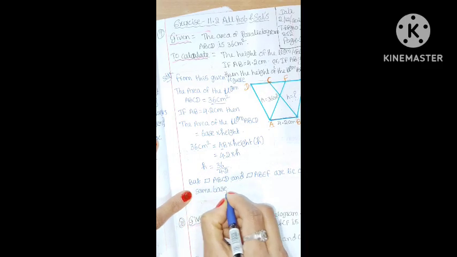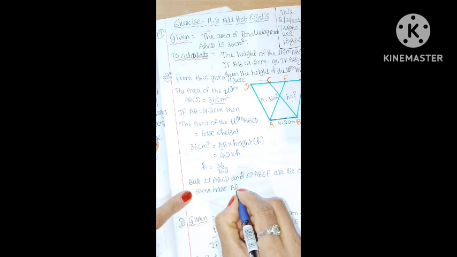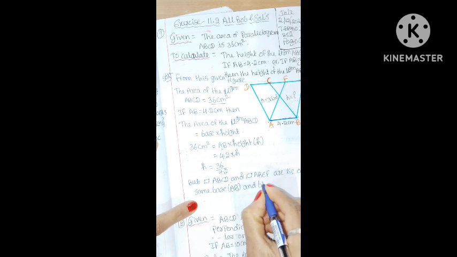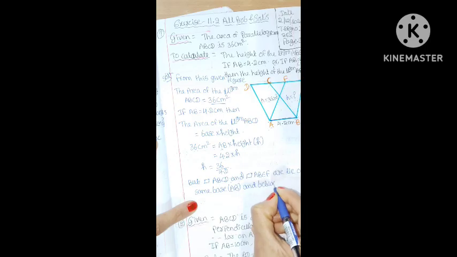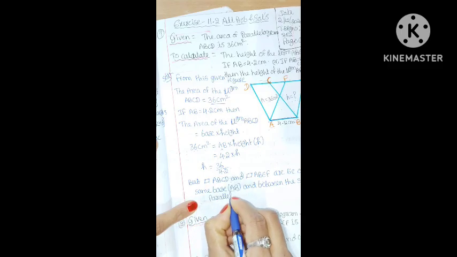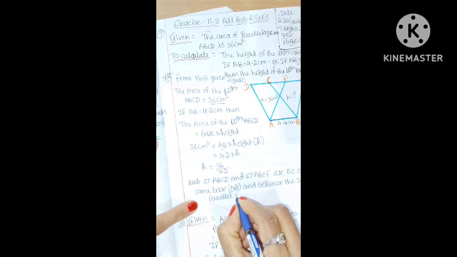What's the base? AB base. Same base AB, and between the same parallel lines, the same parallel sides.